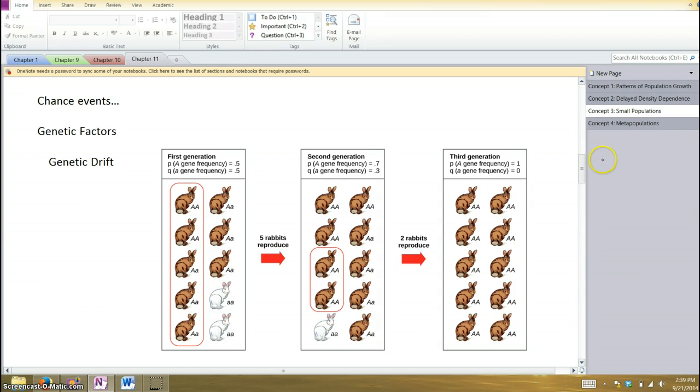So chance events can play a role, particularly when we talk about genetics and what's called genetic drift. Genetic drift is a phenomenon that small populations are susceptible to. We usually think of populations and their genes being influenced by natural selection, favoring genes that are good genes and disfavoring genes that aren't so beneficial.